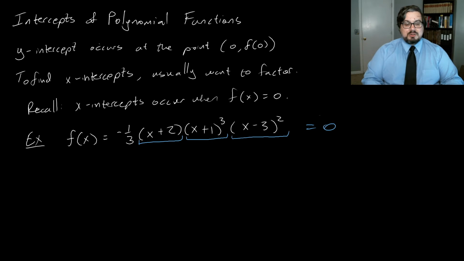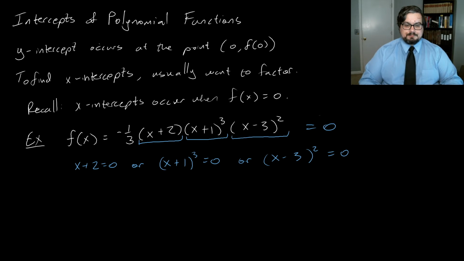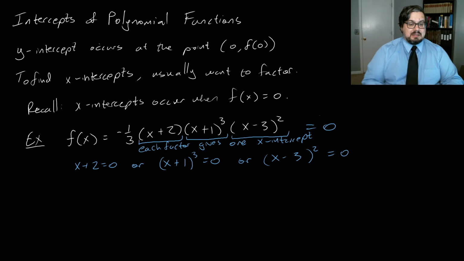So this occurs if x plus 2 equals 0, or (x plus 1) cubed equals 0, or (x minus 3) squared equals 0. So each factor gives us one x-intercept.